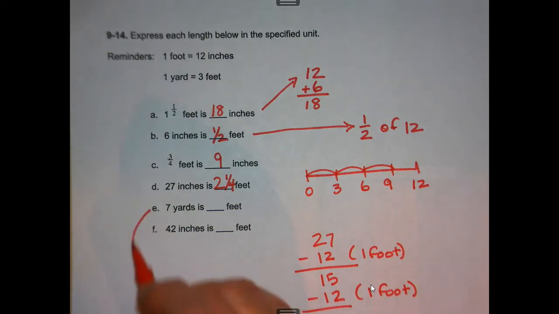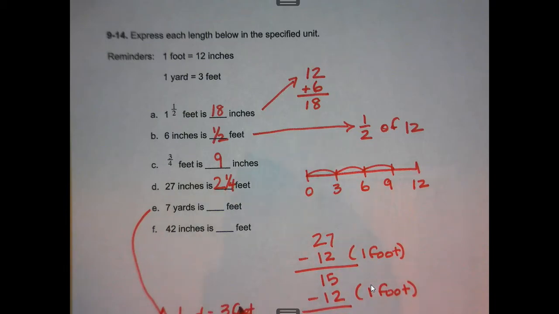7 yards, well, 1 yard equals 3 feet. And if I multiply 1 times 7, I get 7 yards.